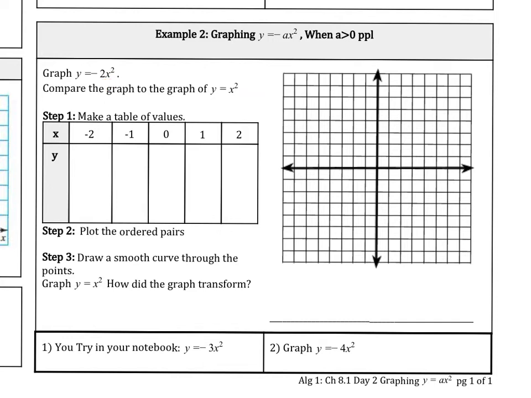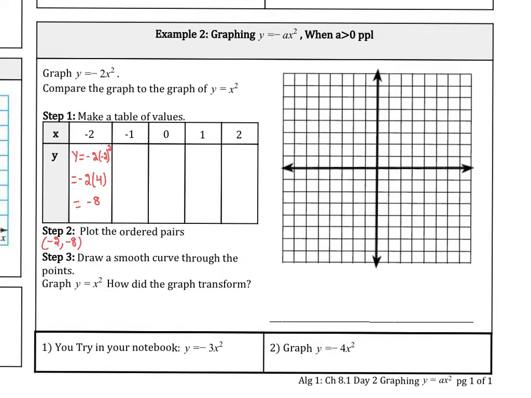First, negative 2 times negative 2 squared. Whenever we take a square of a negative term, it becomes positive. So negative 2 squared is positive 4, and that y value is negative 8. So my first point is negative 2 comma negative 8.